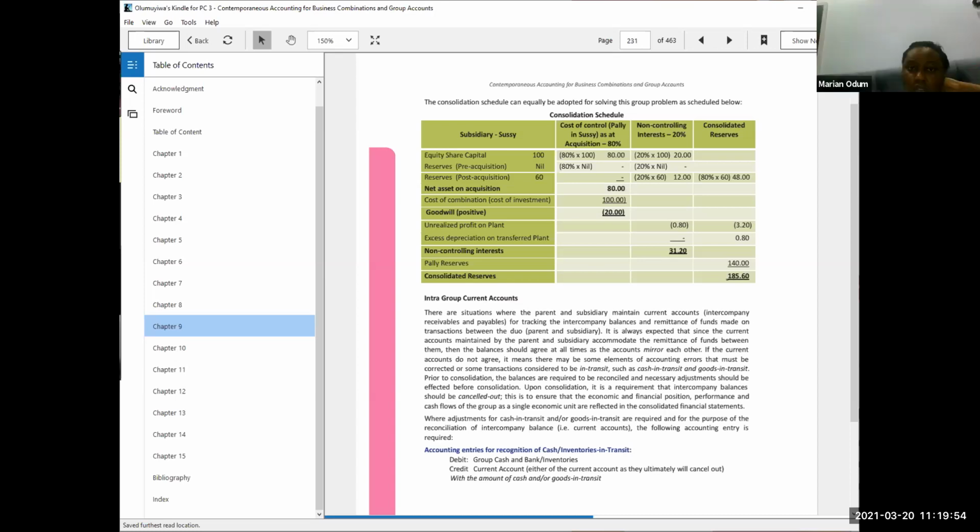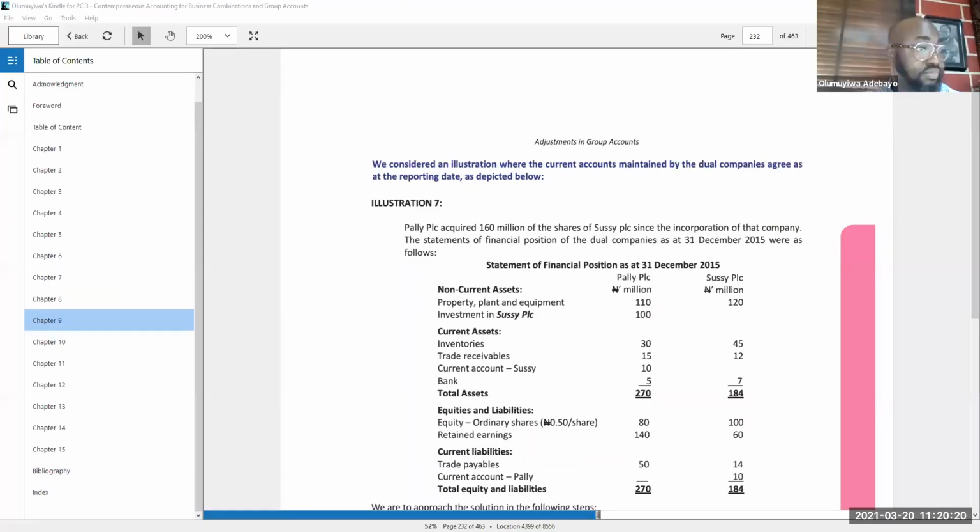Intra-group current accounts, is it this one that is on the screen? Okay, just wait. I think the screen is on pause. I'm going to share it with you now. I believe you can see it now.